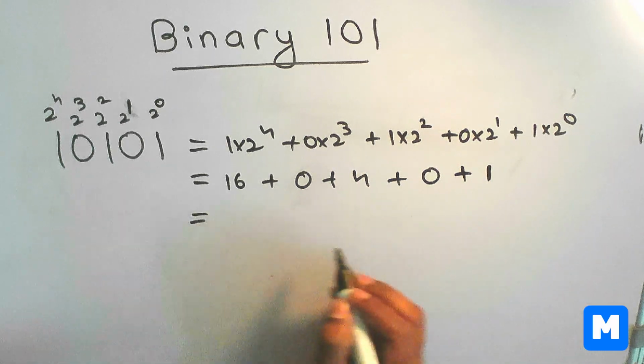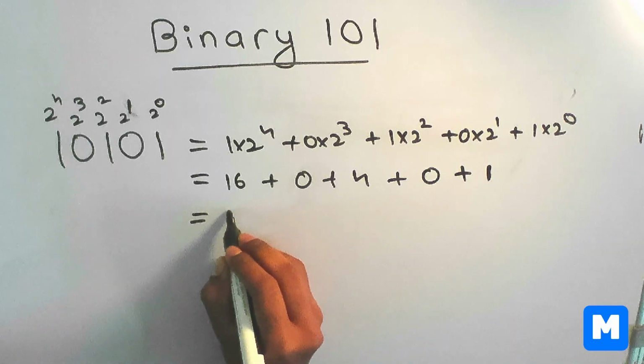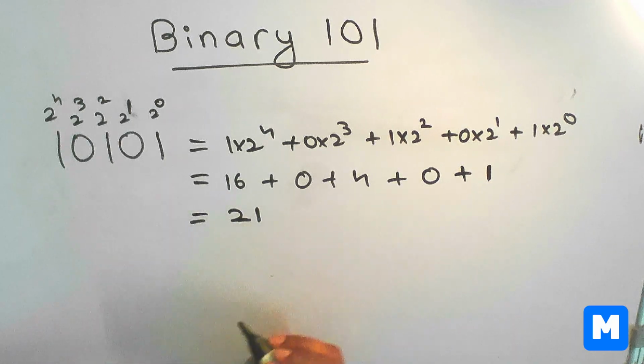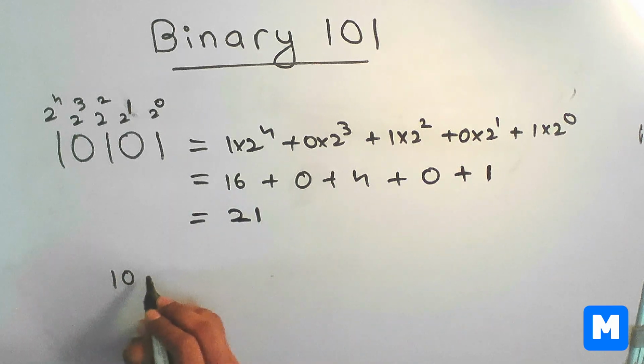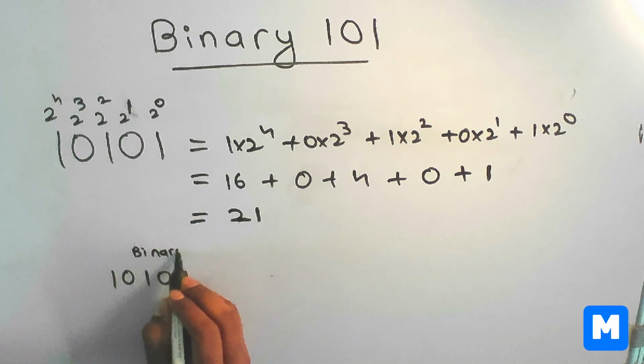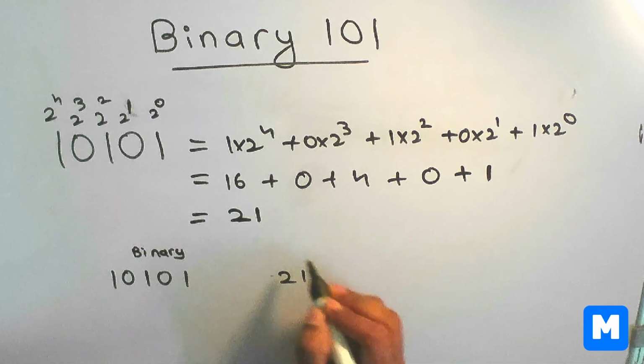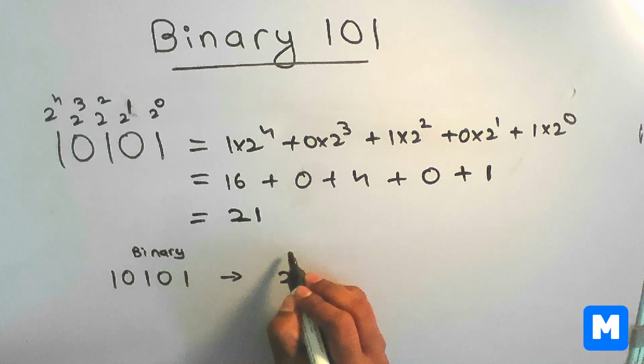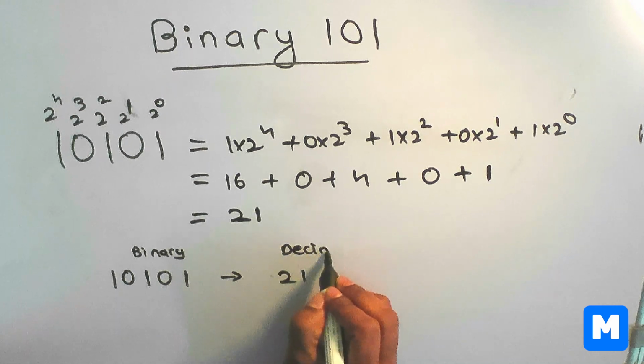So we can sum it up. This comes out to be 21. So the value of 10101 from the binary system is actually 21 in the decimal system.